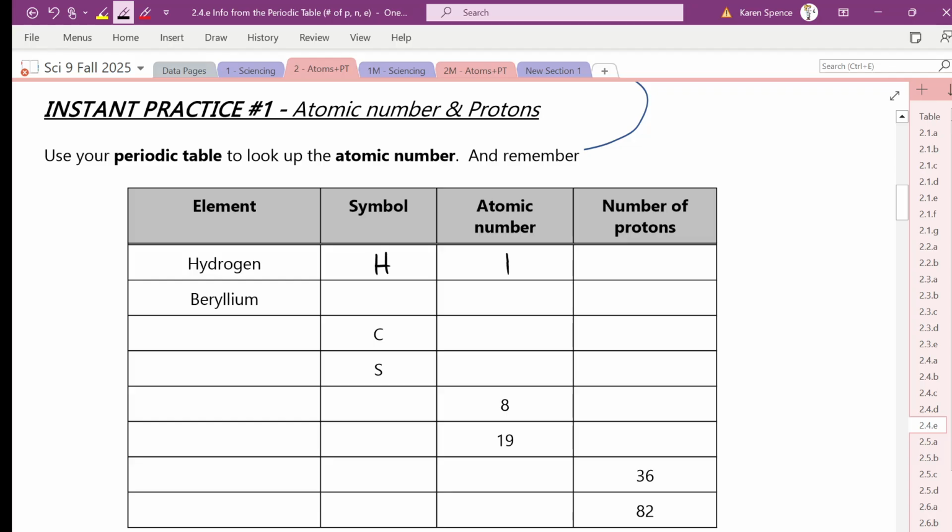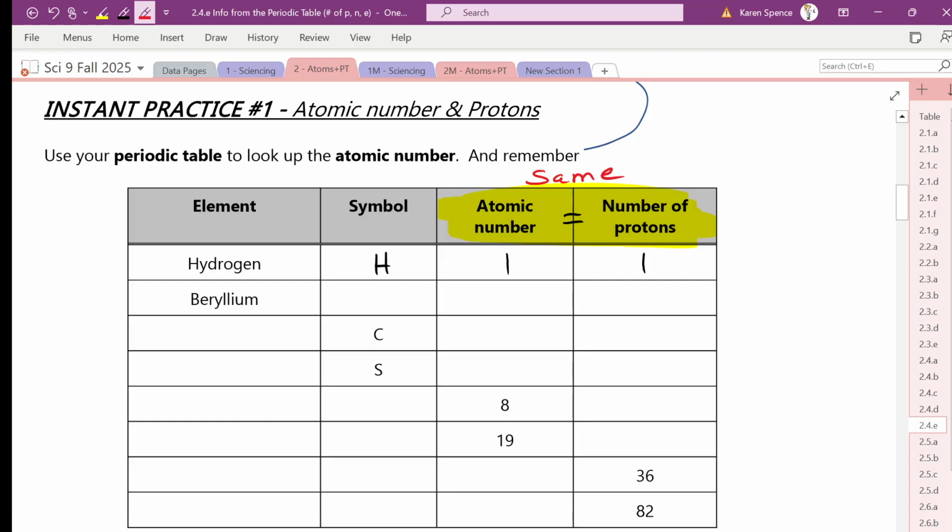And what is the number of protons? 1. What do you know about the atomic number and the number of protons? Those two are the same. So those two numbers are always going to be the same.